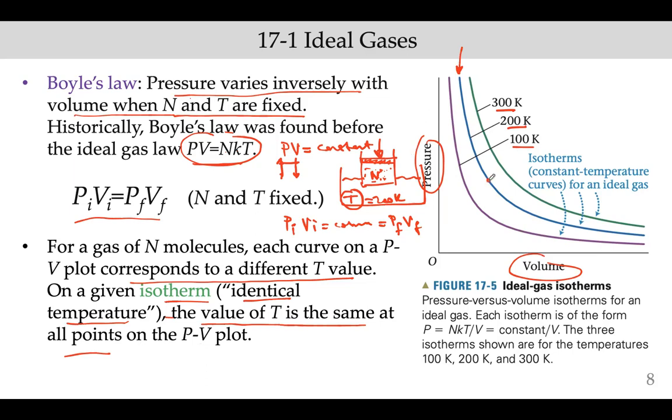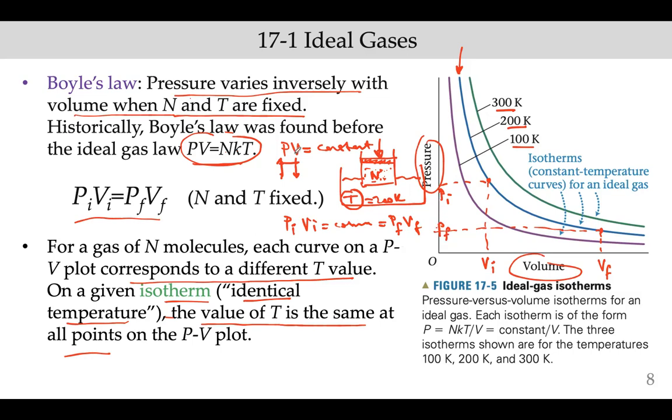For example, at this point, the volume is, let's say, V initial, and the pressure is P initial. But if you pull the piston up, the volume increases. So now this is the new volume, and this is the final pressure.